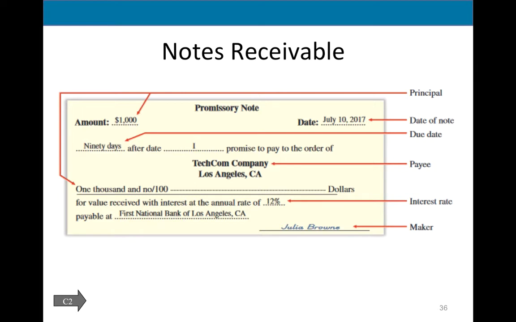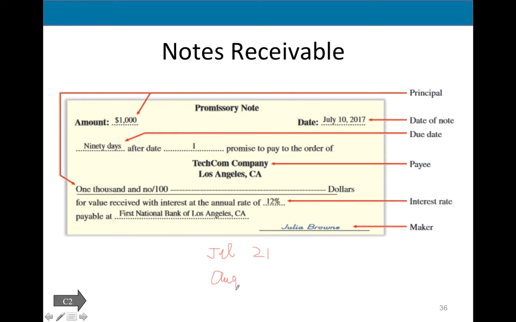So July has 31 days. So 31 minus 10 is 21 days. Let me write it down here. For July, I will keep this note for 21 days, right? 31 days minus 10, 21 days. In August, I also have 31 days.